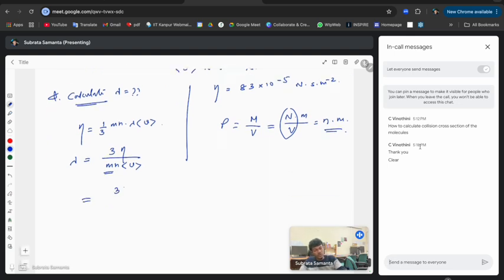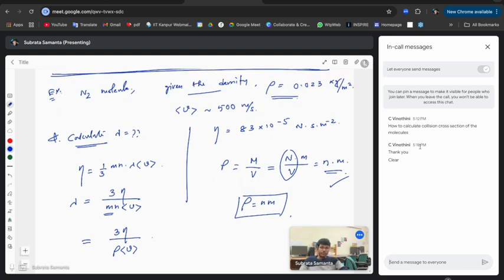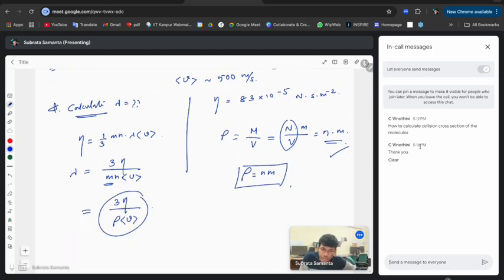So lambda is 3 eta over rho V average, where rho is the mass density. You can easily calculate, because all the parameters are given on the right hand side: eta, rho and V average. You just calculate lambda.